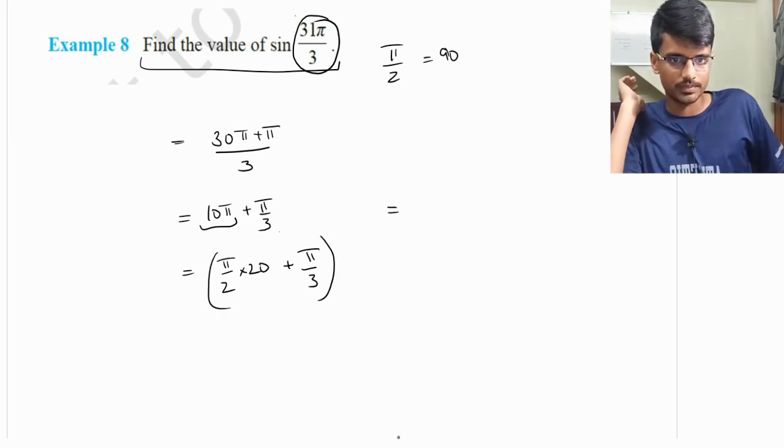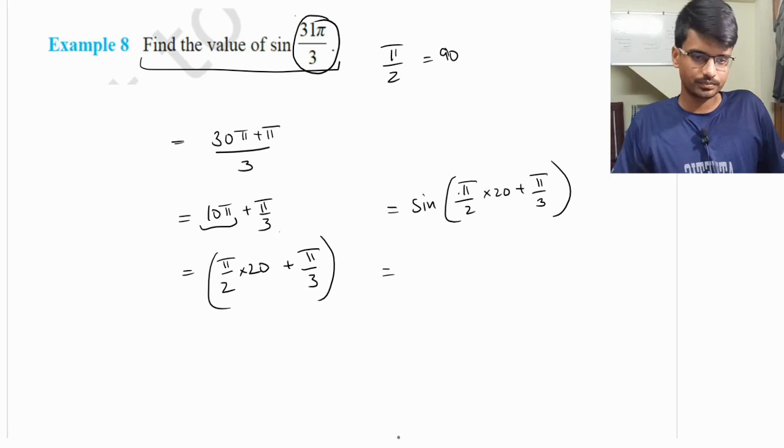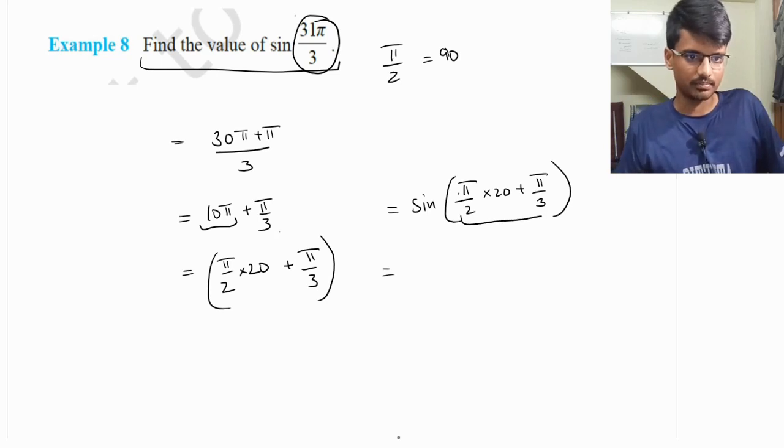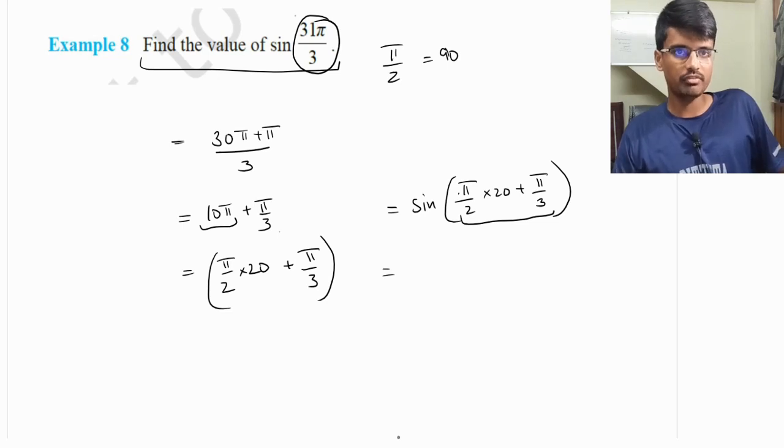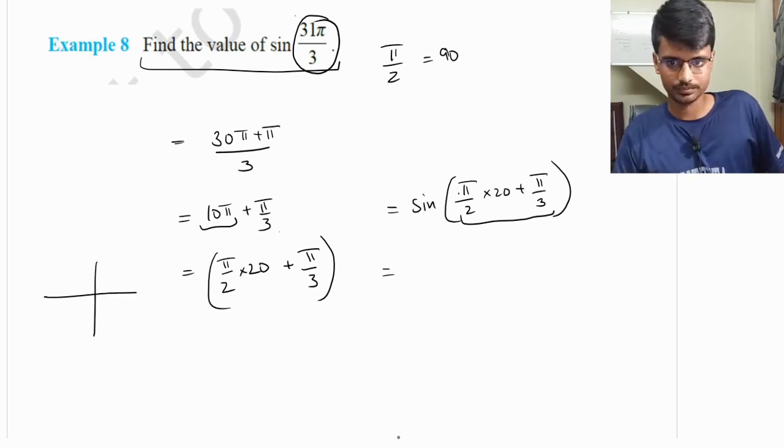Now see, sine of pi by 2 into 20 plus pi by 3. Pi by 3 is an acute angle. So where does this angle come, in which quadrant do we have to find it? It is 20. If I do pi by 2 twenty times: 1 time, 2 times, 3 times, 4 times.